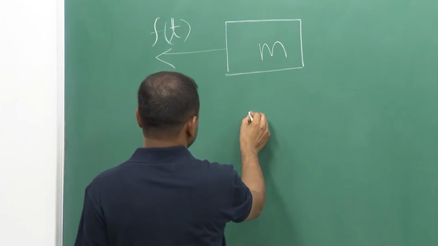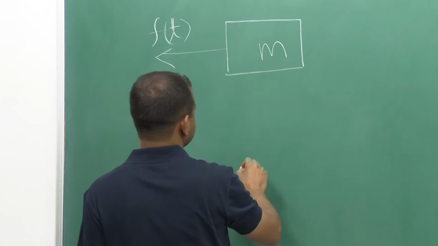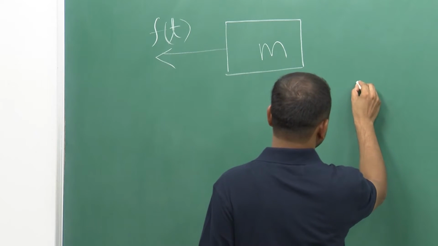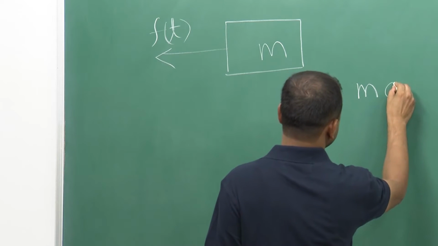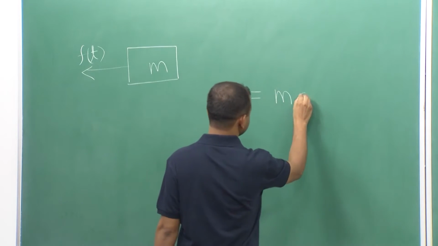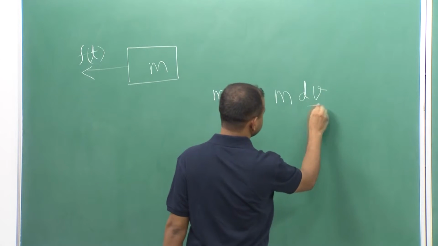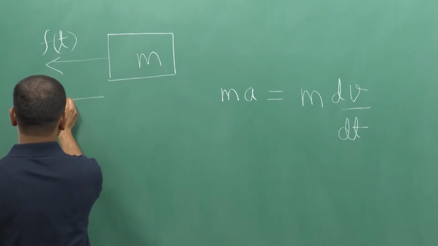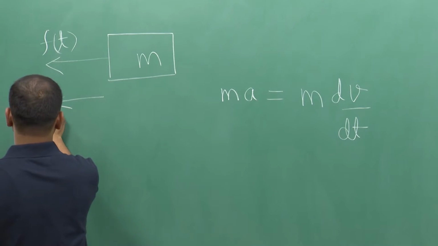There will be an inertial force realized on this mass, and from Newton's second law, we can write mass into acceleration, or m dv/dt, if this is the v of t.